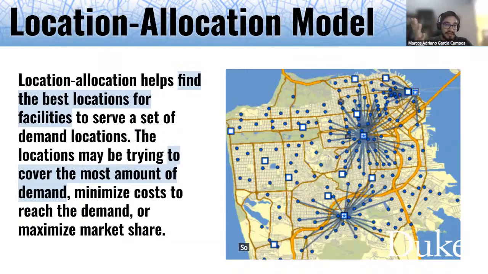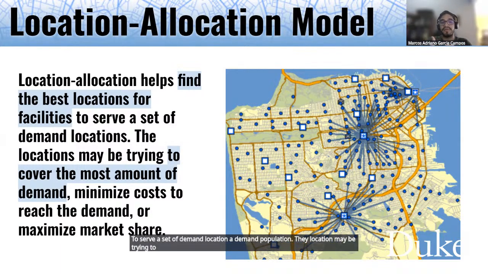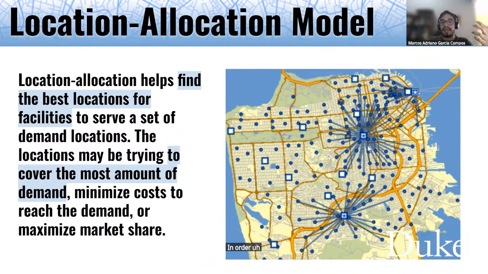So because of this, location allocation can help find the best location for facilities to serve a set of demand locations, a demand population. The location may be trying to cover the most amount of demand. In other words, I can say the best location is based on where I have more demand.